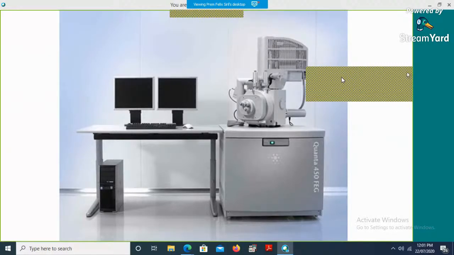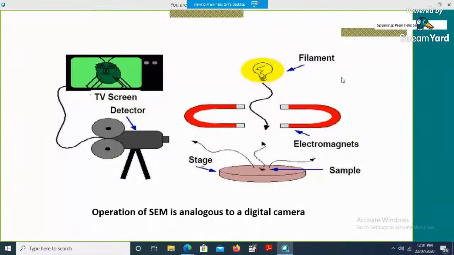The image capturing in a scanning electron microscope happens because there is this scanning process. While doing the scanning, you can think of it like a digital camera. A camera, when it has to capture images from different places, has to move and focus towards a particular image.